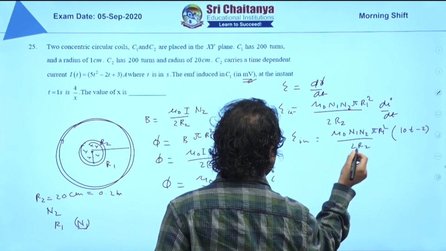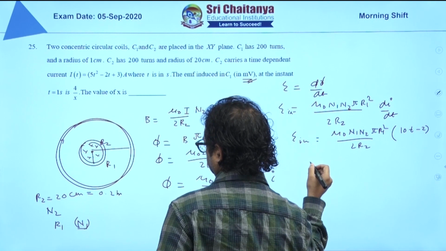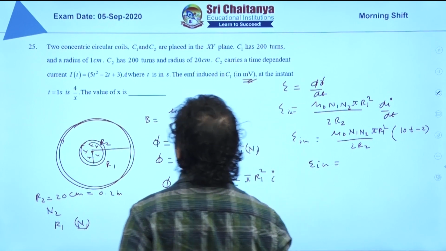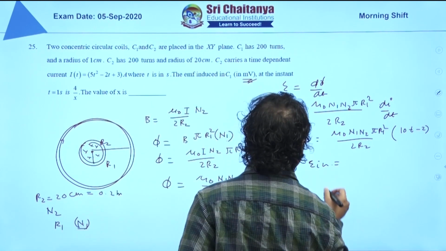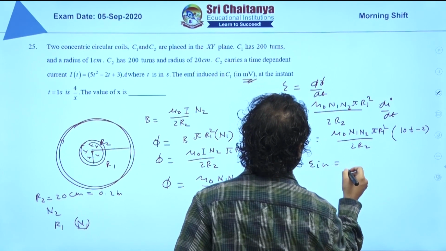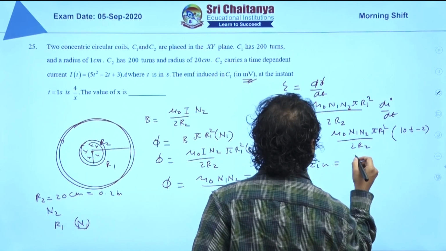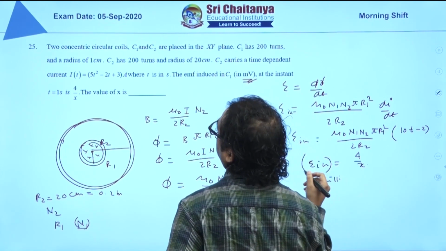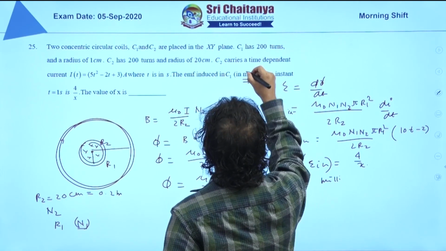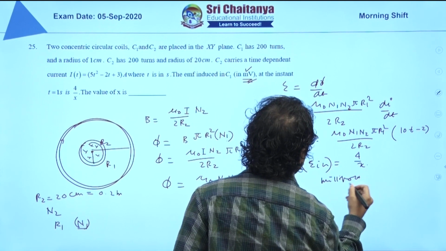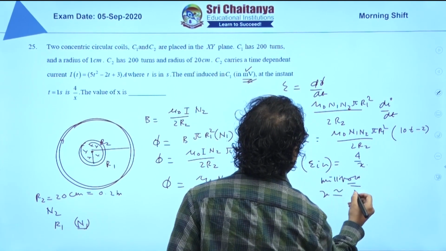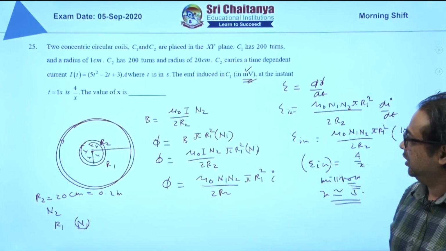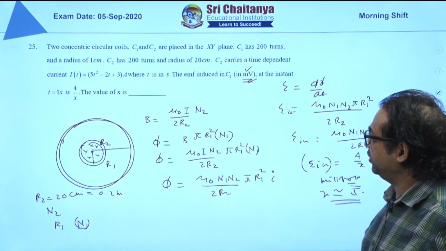So, the induced EMF we have to convert into millivolt, and once converted into millivolt, that will be written as 4 by x, in mV, and x will be coming approximately 5. So, that is how this discussion is concluded.